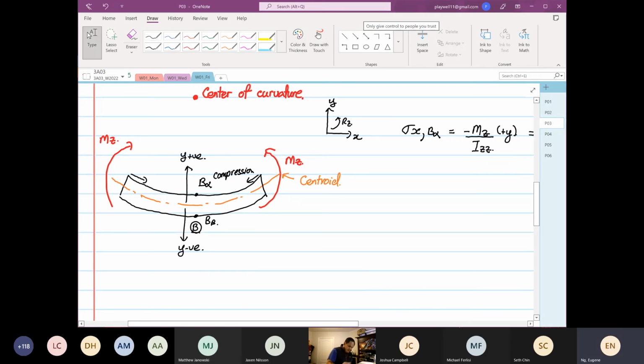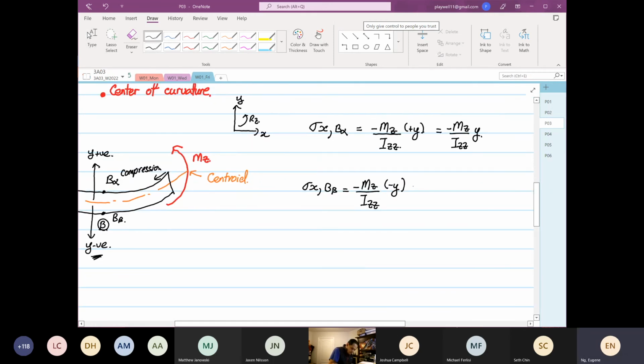Right? And then next we look at stress x at B beta. So this was equal to minus Mz over Izz. Okay. Now the y is what? At B beta, the y is what? Negative.